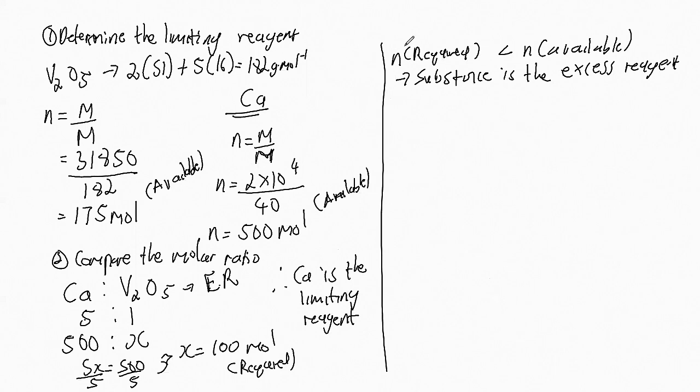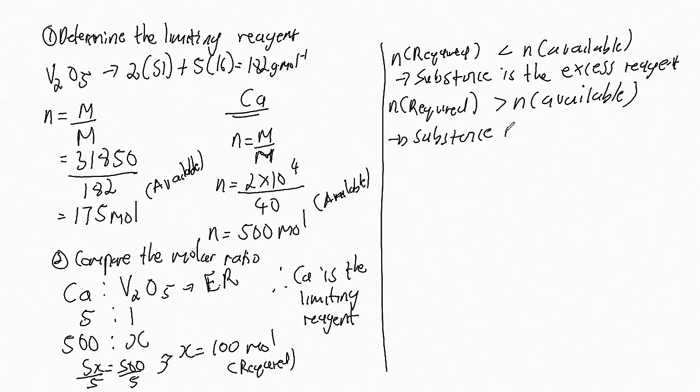Right. So in conclusion, we can say again, if the number of moles required is greater than the number of moles available, then that particular substance is the limiting reagent. Now you might want us to prove why we say this one is the limiting reagent.